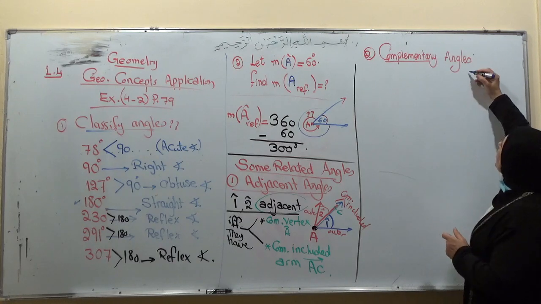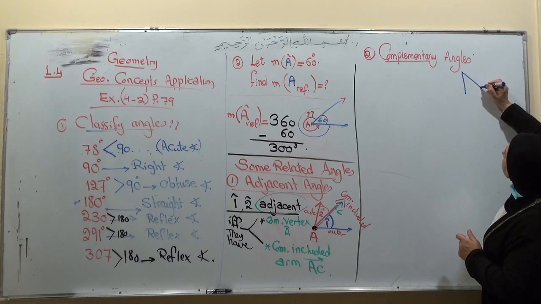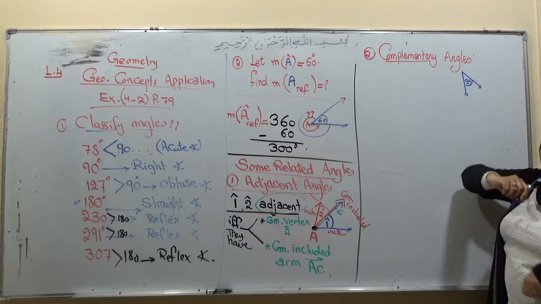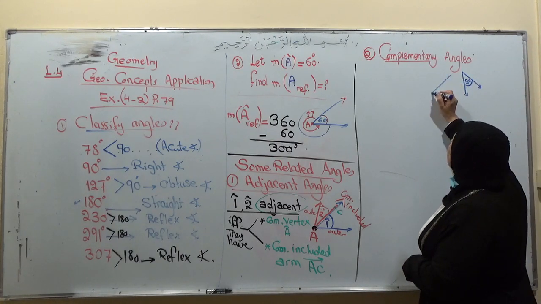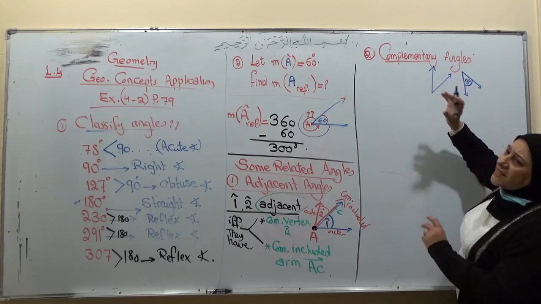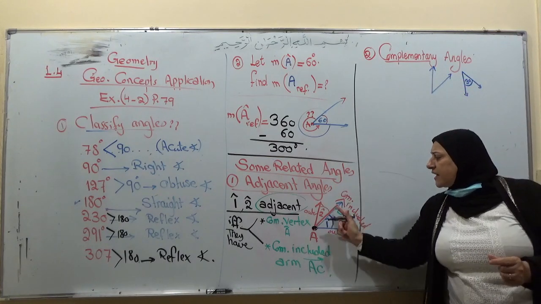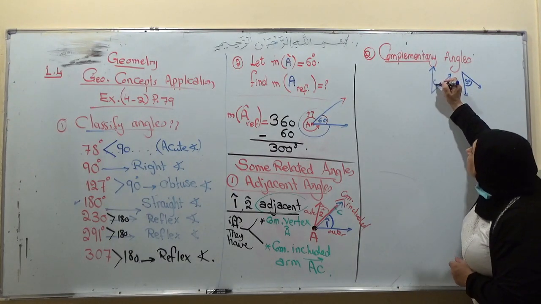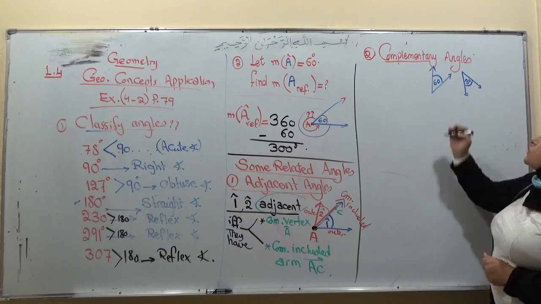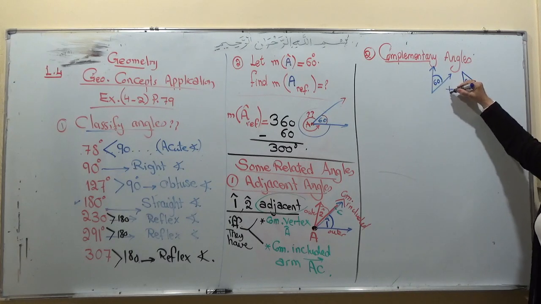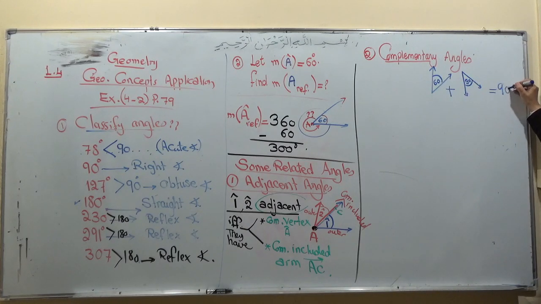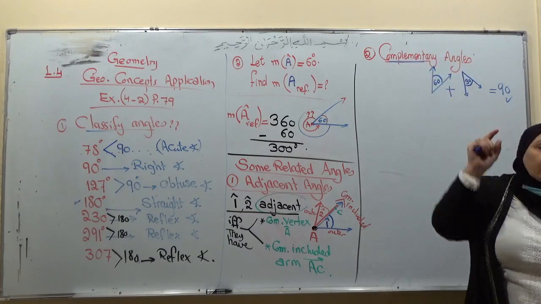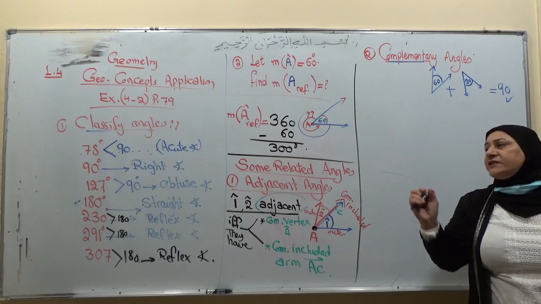For example, if you have an angle like this, say 30 degrees, and I have another angle like this. They don't have to be adjacent like this; they can be like this. If it is exactly 60, then their sum is exactly 90. At that moment, the sum of the complementary angles is exactly 90.